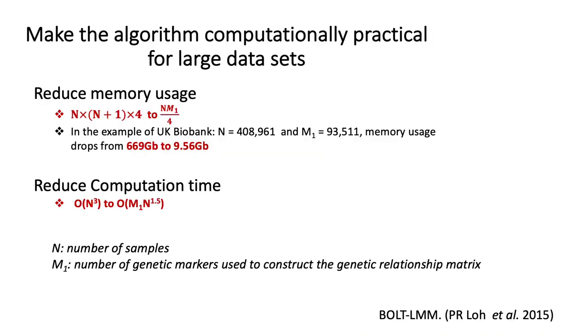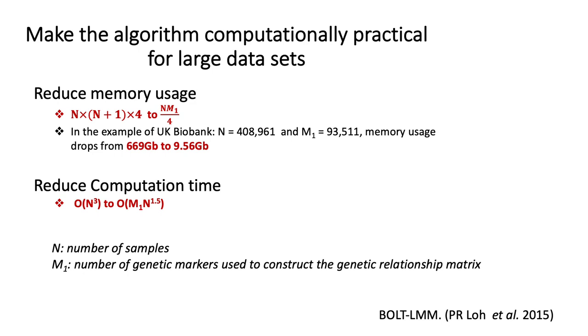To make logistic mixed models computationally practical for large-scale datasets, we use similar approaches that have been previously used in BOLT-LMM, which is the first linear mixed model method that is scalable for large-scale biobanks. Several approaches have been used to reduce the computation memory and time.